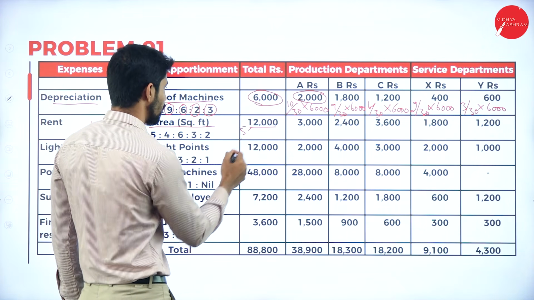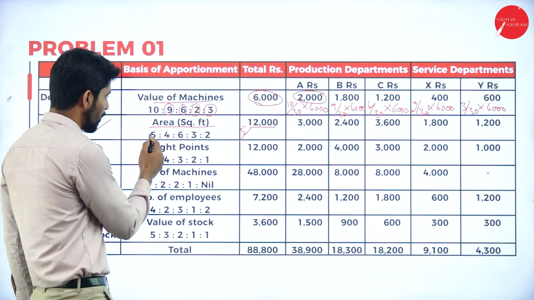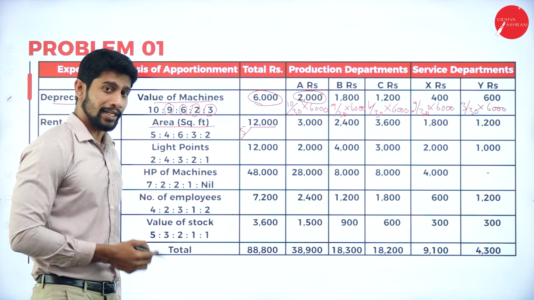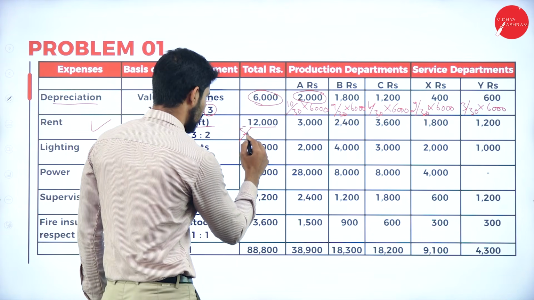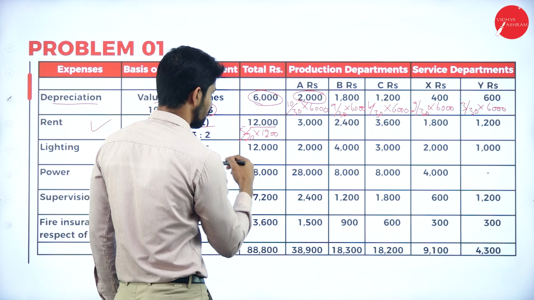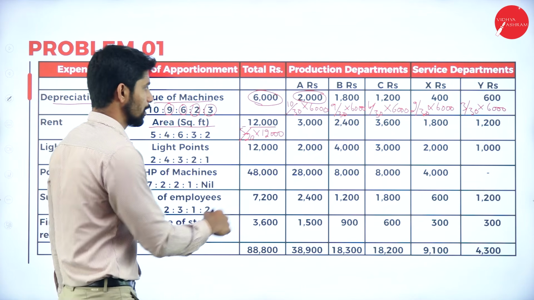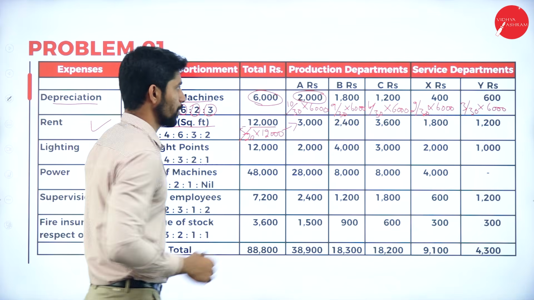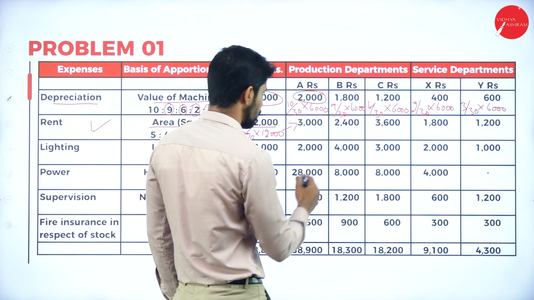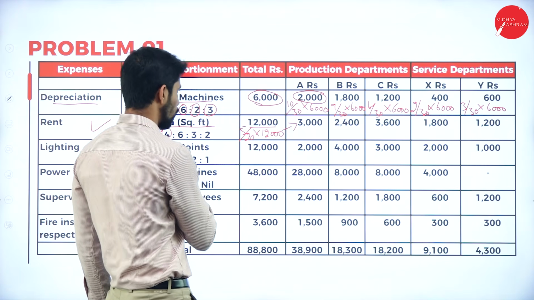Production department A, 5 divided by the total ratio. 5 plus 4 is 9, plus 6 is 15, plus 3 is 18, plus 2 is 20. So 5 divided by 20 into 12,000. You'll get 3,000 rupees for production department A. Next, production department B, the ratio is 4.